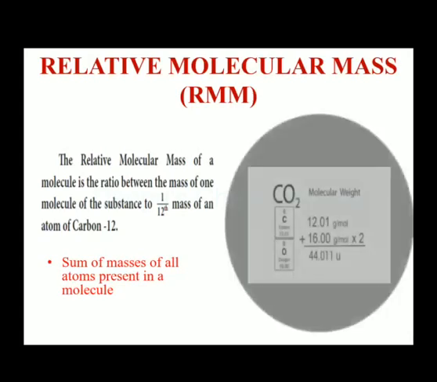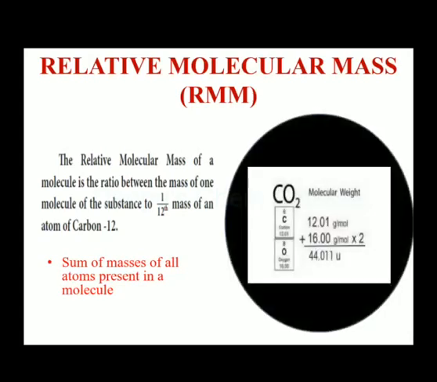So let us see an example: carbon dioxide, the formula is CO2. For carbon, the atomic mass is 12.01 gram per mole. In carbon dioxide we have 2 oxygen atoms, and per oxygen it is 16.0 gram per mole. For 2 oxygen atoms, multiply the atomic weight by 2.